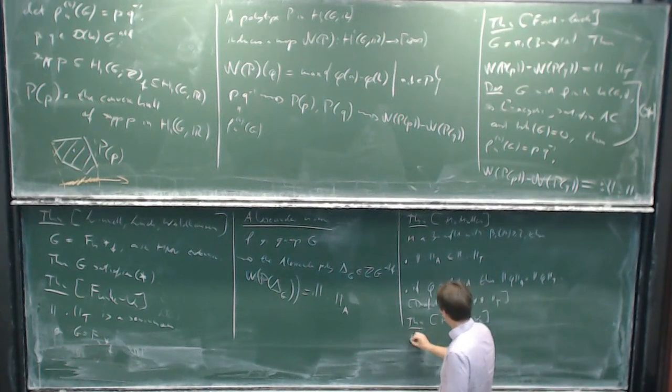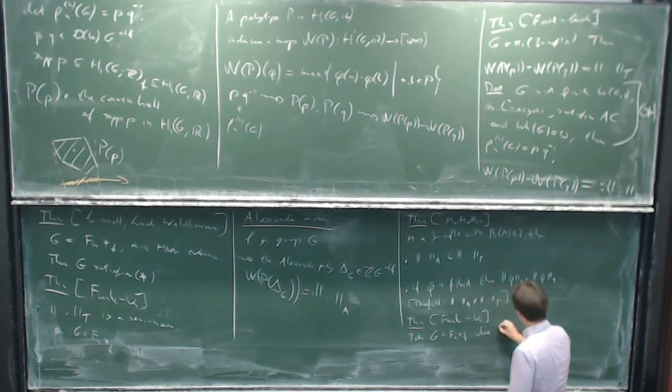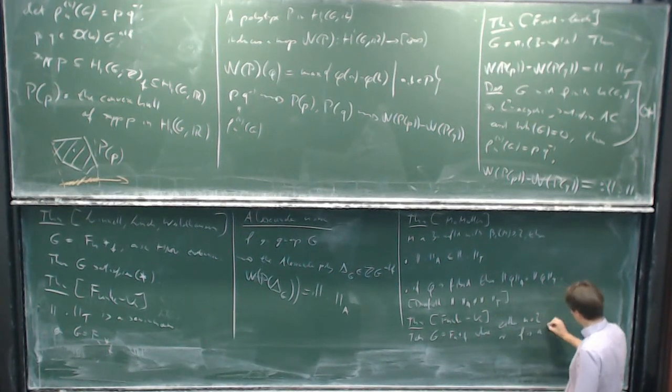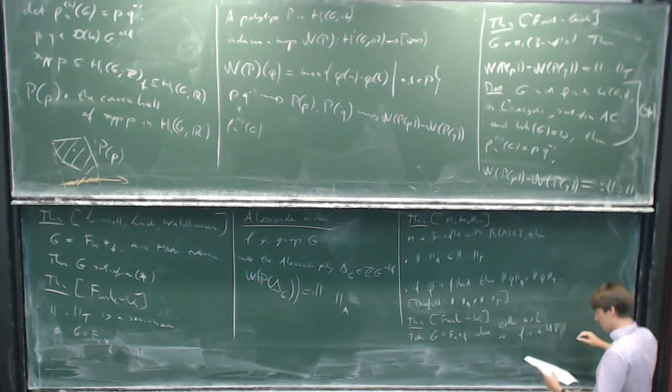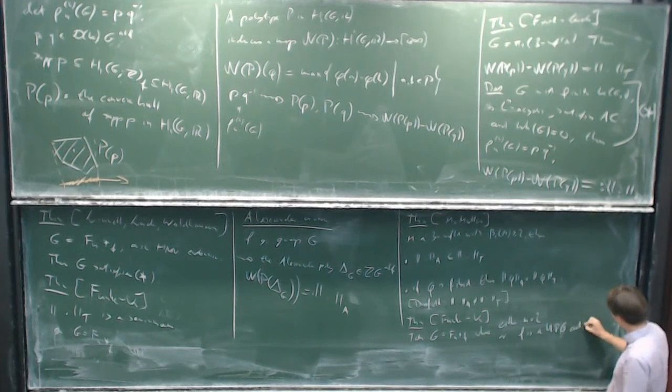So take G equal to F_n by f, where either n is 2 or f is a polynomially growing unipotent automorphism of F_n.